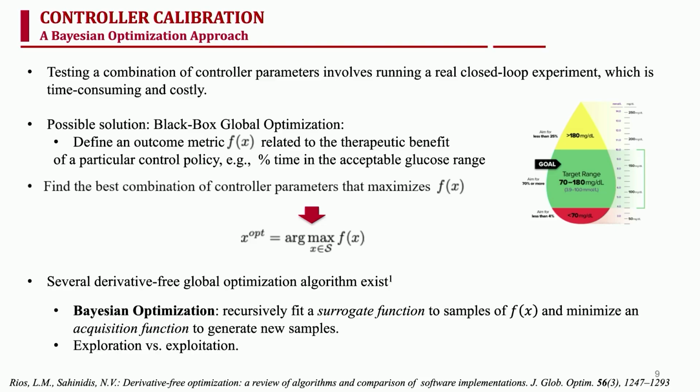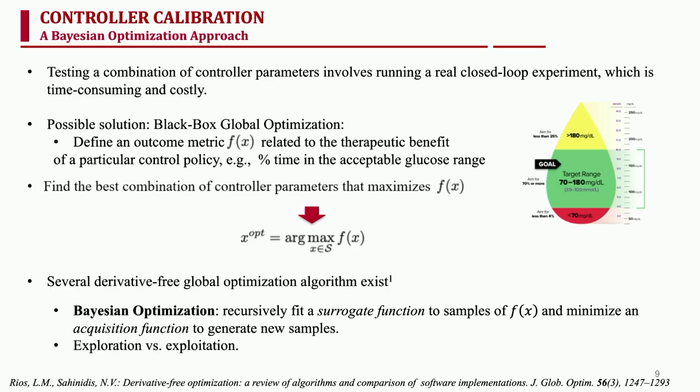In our case, for instance, we can postulate the percent time in the acceptable glucose range, say the green band here, is the function that we want to optimize. And then we find the best combination of the controller parameters, some x optimum, a vector, let us suppose, so that this function is optimized. Of course, we do not have access to the function. So we cannot measure it, and it's very expensive.